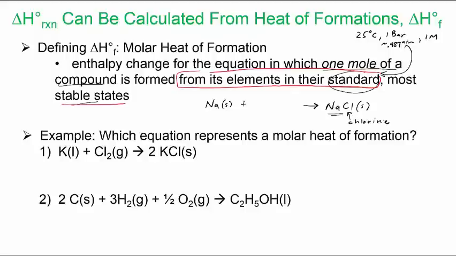Chlorine, in its most stable standard state, is not Cl, it's actually Cl2. And at 25 degrees Celsius, Cl2 is a gas. We wouldn't write Cl2 solid or something like that.